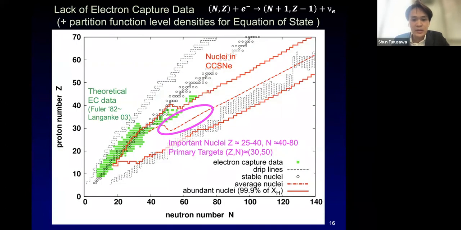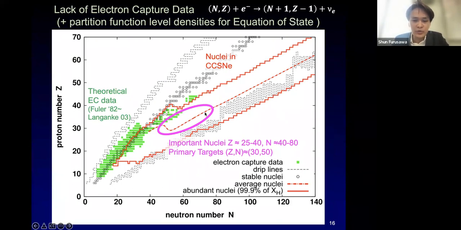And so the important nuclei are these. The nuclei inside the red line show up in core collapse supernovae, and the dash dotted line shows the average proton and neutron number in the core collapse phase, at the center of the collapsing core.